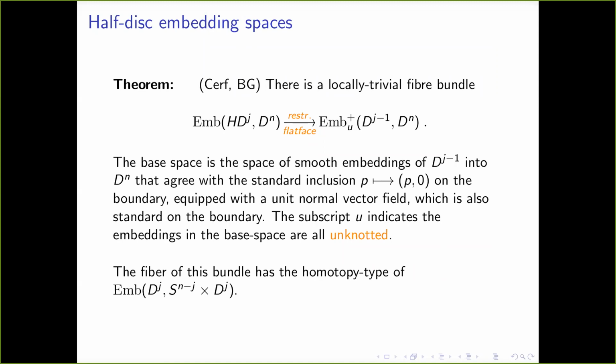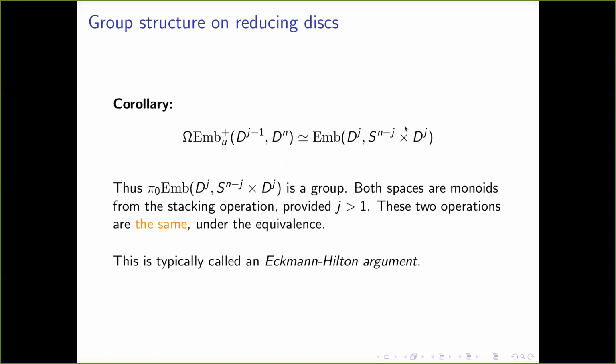So with a little bit of an argument, you can demand that it's standard in a neighborhood, and then you blow up that boundary half space, and you've got an embedded D^j in a sphere cross D^j. So that's why you have that relationship between embeddings of disks in disks and embeddings of disks in sphere cross disks, together with embeddings of unknottable disks in disks. So you get this corollary that the total space of that fibration is contractible.